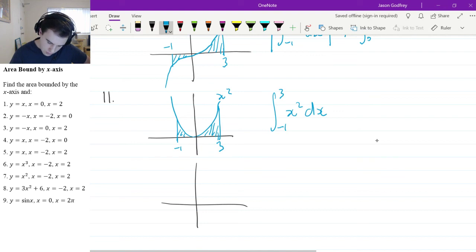Let's say it's x cubed, and we've moved it up by 2. And let's go from -1 to 3, the same range here.